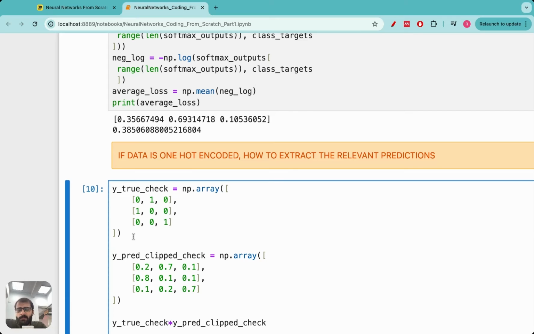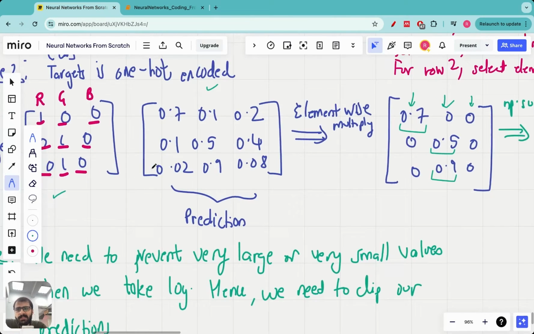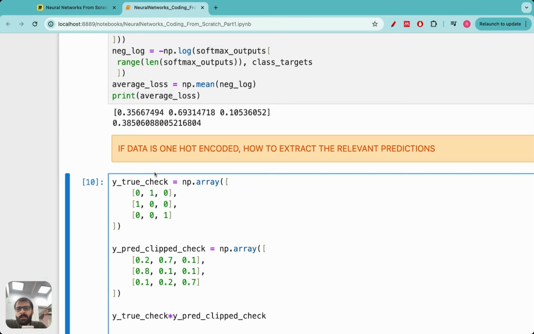So let's say you have a one hot array which looks like this. Actually, let me use exactly the same example we used here. The first element is 1 0 0, the second will be 0 1 0, which is green, and the third will be 0 1 0, which is again green.